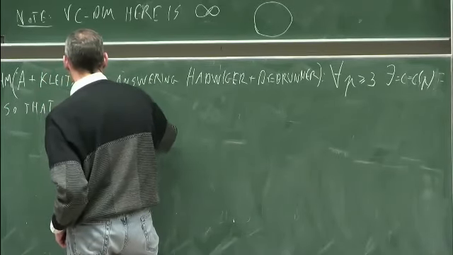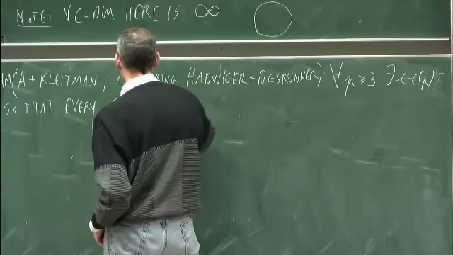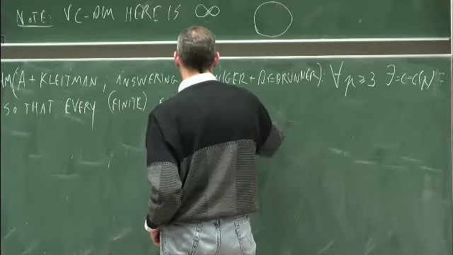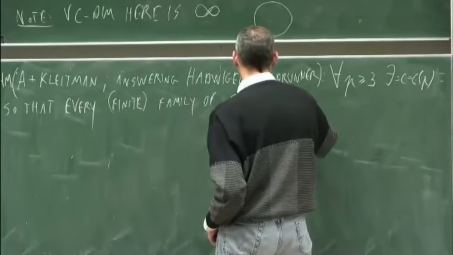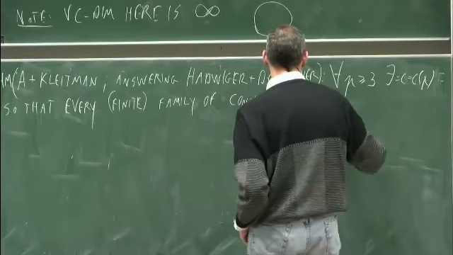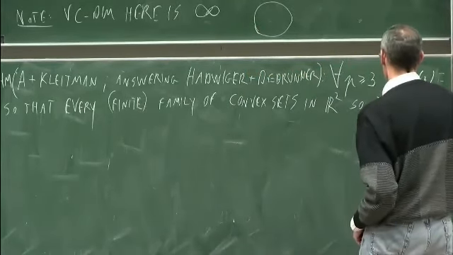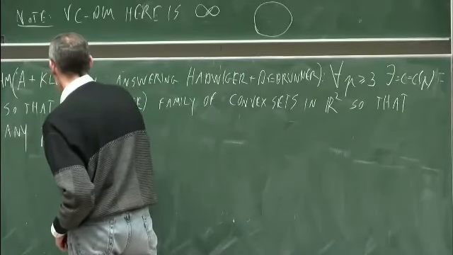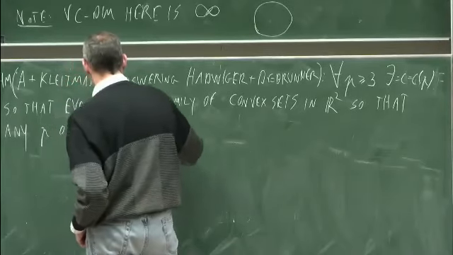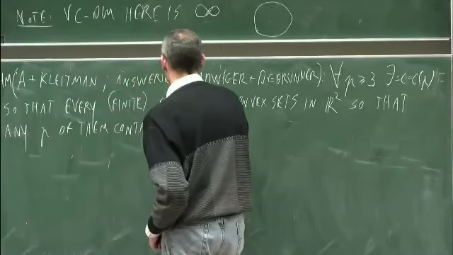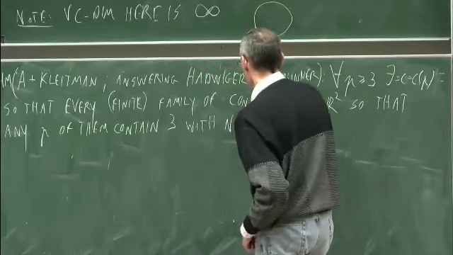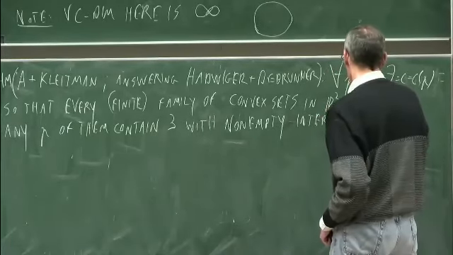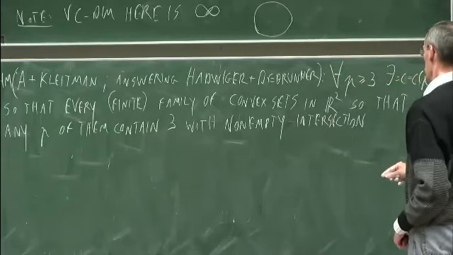every finite family of convex sets in the plane, so that, it's a bit strange assumption, so any p of them contain 3 with non-empty intersection, okay.